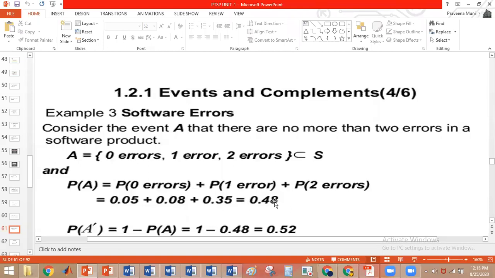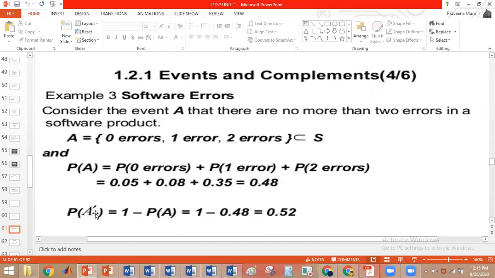Now, what is A complement? Just now we have discussed that P of A plus P of A complement is equal to 1. So P of A complement is equal to 1 minus P of A. That is equal to 1 minus 0.48, which is equal to 0.552.